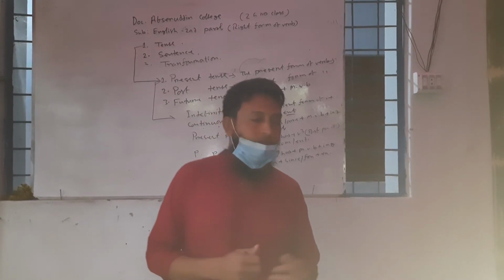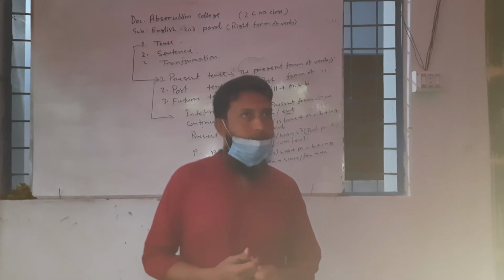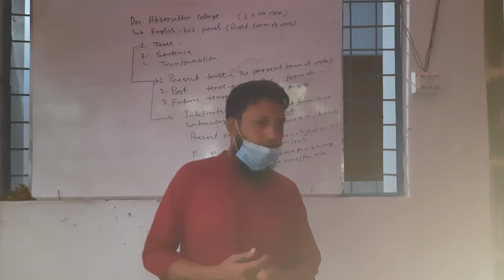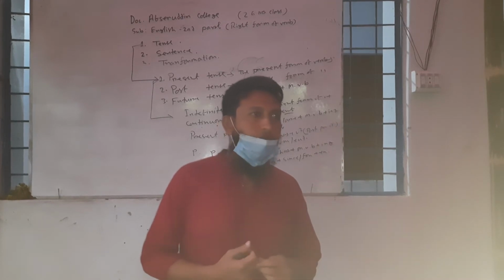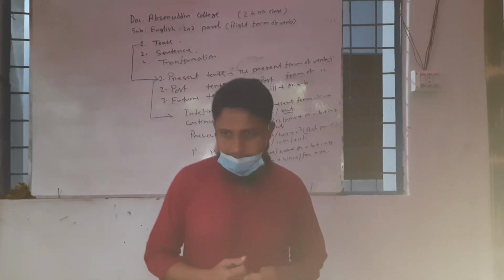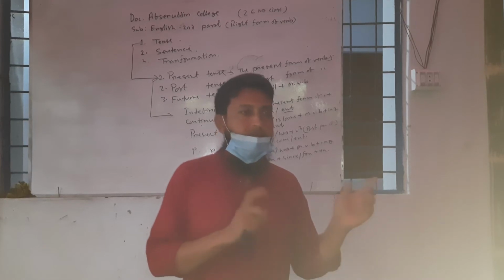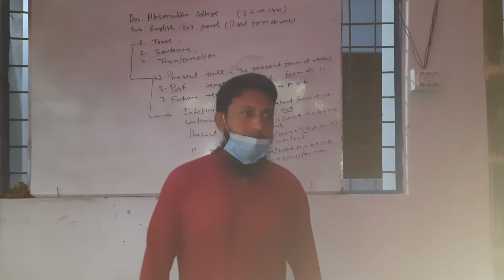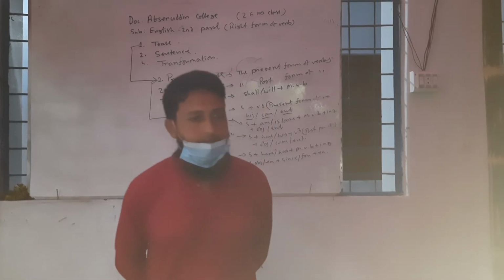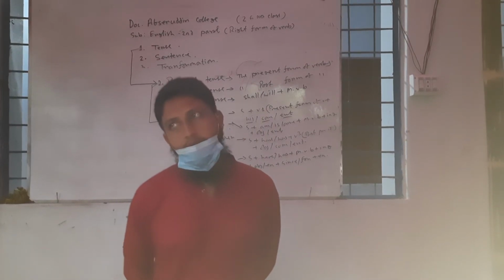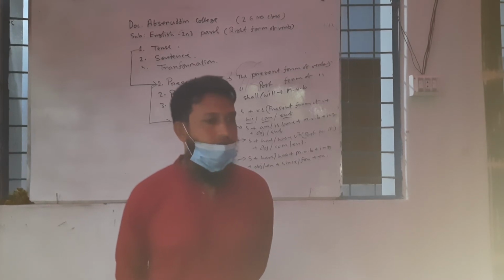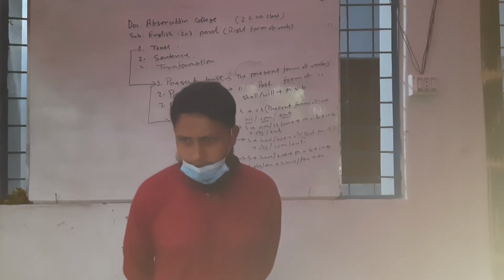If we want an example like that, Mr. Karim, in brackets, go to college regularly. Here Mr. Karim is a third person singular number, so it will take S. So the right form of verb will be: Mr. Karim goes to college, not go to college.